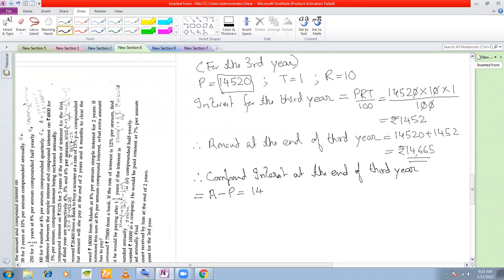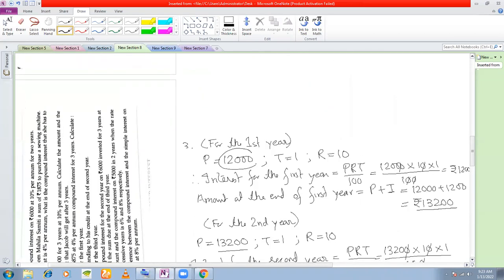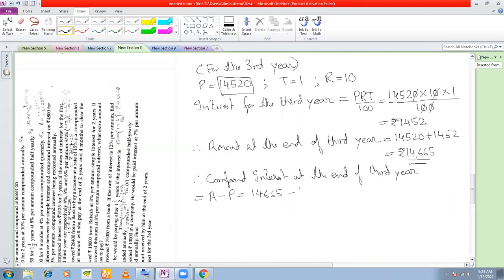Amount we have got at the end of third year is 14,665. And the initial principal that Jacob had invested was 12,000 rupees. So minus 12,000. So the total compound interest that you are getting here is 2,665. Okay.